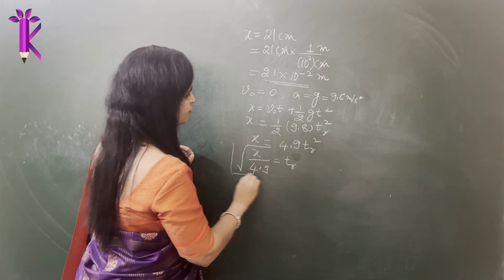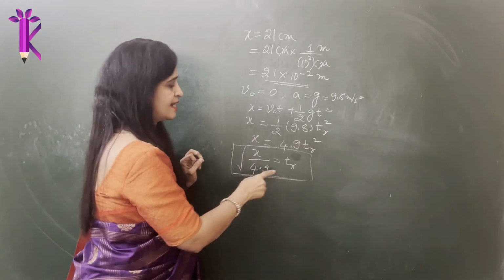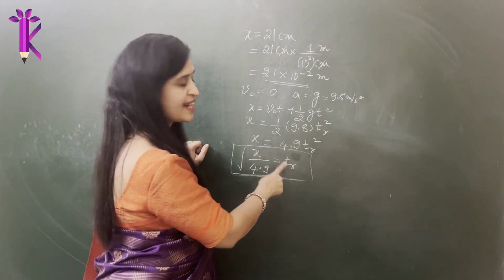So tr equals the square root of x divided by 4.9. This is the formula used to calculate the actual reaction time.